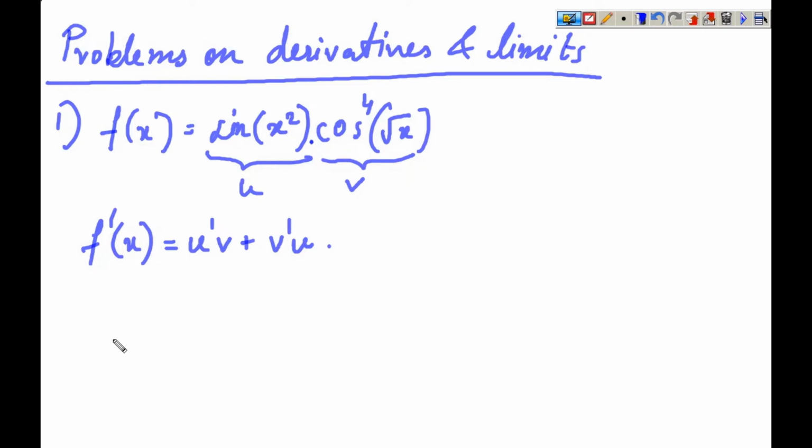Solving this problem, we first find the derivative of sine x square, we have cos x square, and then keeping v as it is, times cos to the power 4 under root x, then adding v dash.